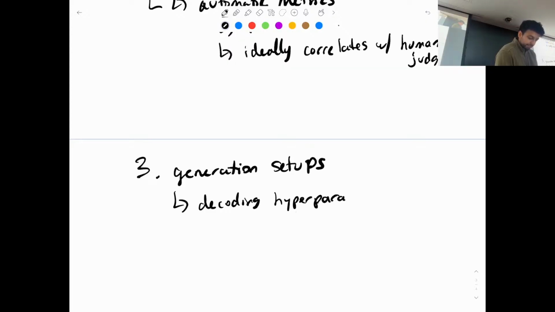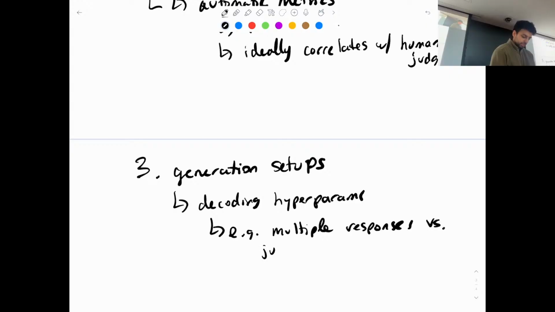Some benchmarks will allow you to sample multiple responses and choose the best one, versus just one. And this is quite common especially with coding benchmarks.